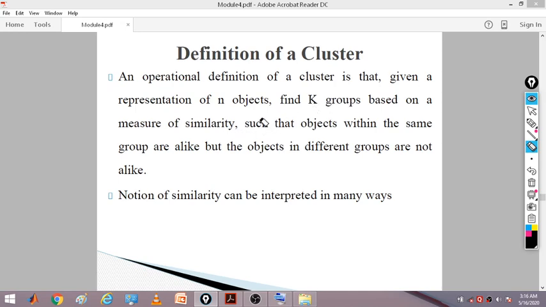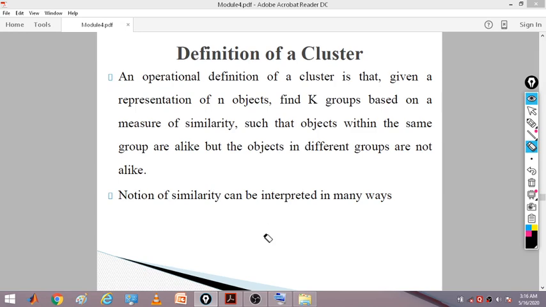Whatever objects fall in one particular group, say we want 3 groups, the first group has a certain set of objects, the second group has a certain set of objects, and the third group has a set of objects. All the objects in the first group will be similar to each other, and likewise in the second group.